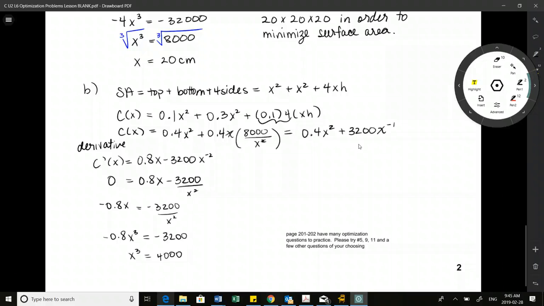And then we will cube root that. Okay, let's round to maybe 3 decimal places here. I got 15.874.